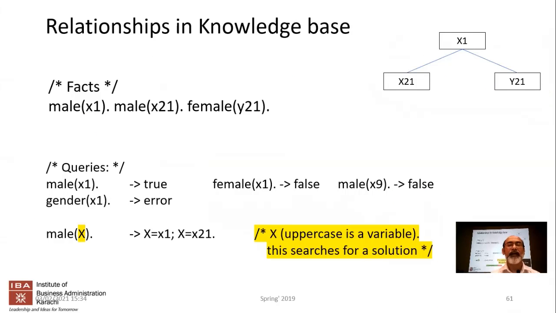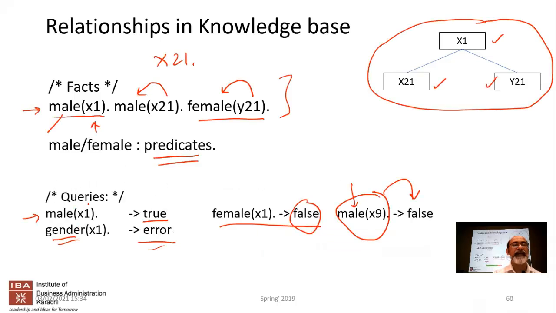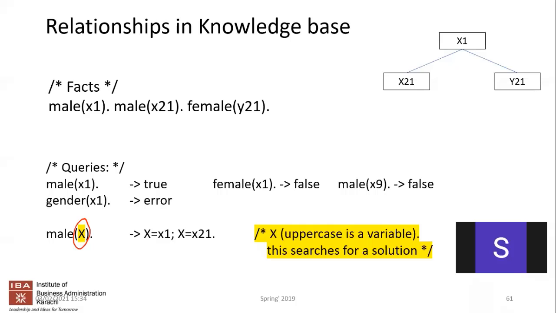Now you can also do variables. So far, if you notice, everything that I had used was lowercase. x1, y1 were all lowercase. However, in Prolog, if you want to use a variable, you simply make the first letter uppercase.